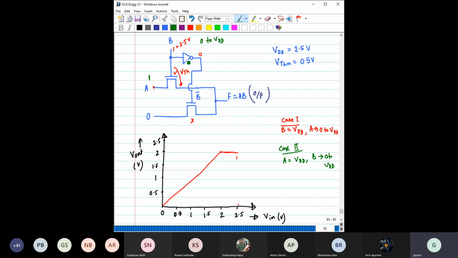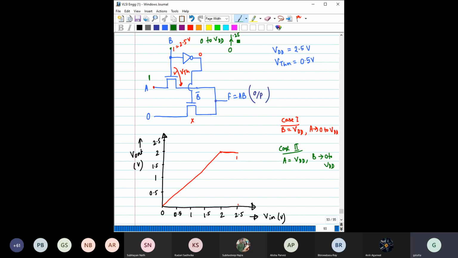This is a static CMOS inverter. So for a static CMOS inverter, if we assume it is a symmetrical device, meaning symmetrical VTC characteristics, then what would be the logic threshold for this inverter? VDD by 2. So it is around 1.25 volt, right? So now B has started increasing from 0 and it is going towards 1.25.